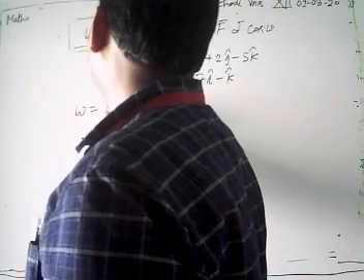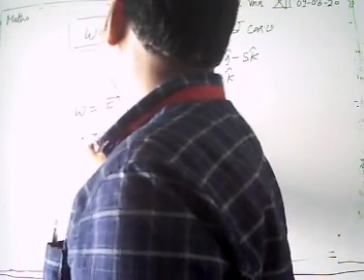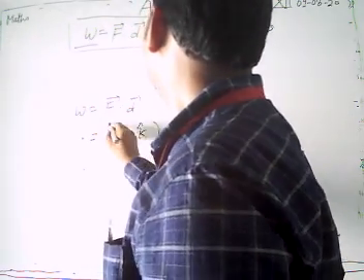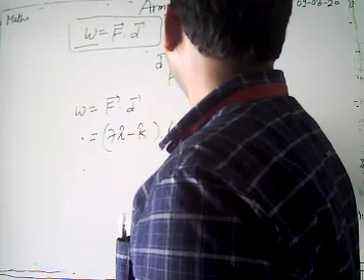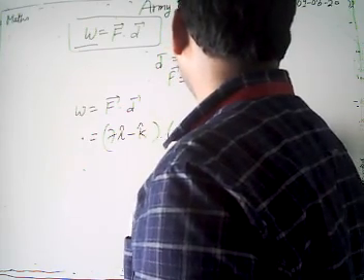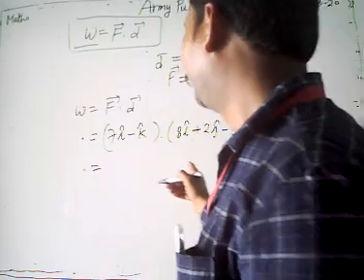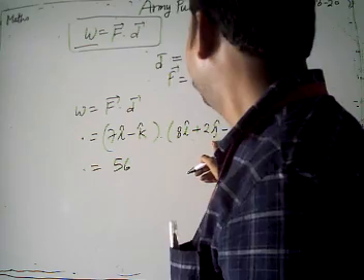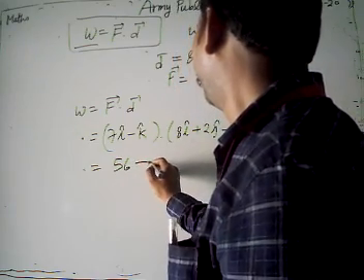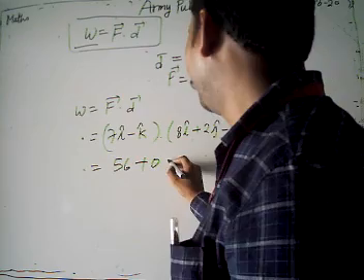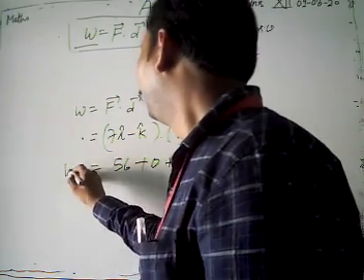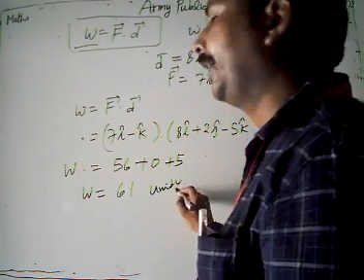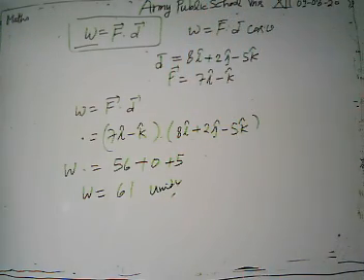How can we? It is F dot D. What is our F? 7i cap minus k cap, dot 8i cap plus 2j cap minus 5k cap. Now we take the dot product. 7 times 8 is 56 for i cap; for j cap it is 0; for k cap, minus 1 times minus 5 is plus 5. Then our work done is 56 plus 5, which is 61 units.